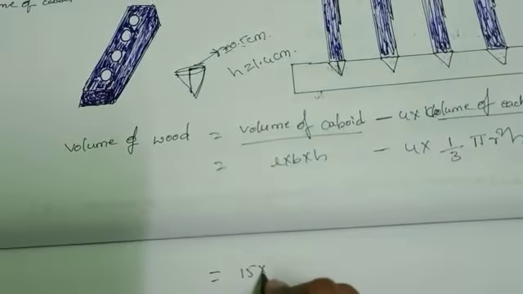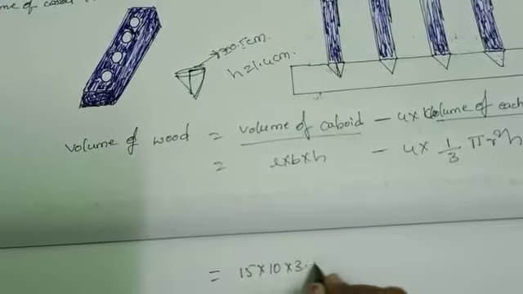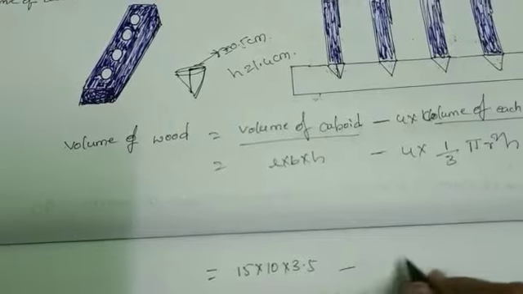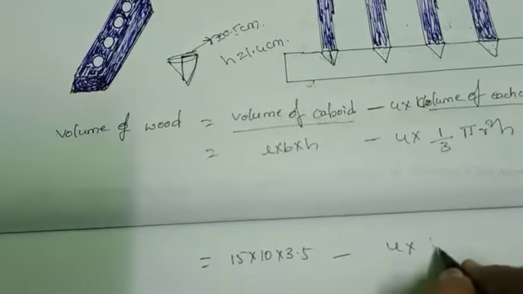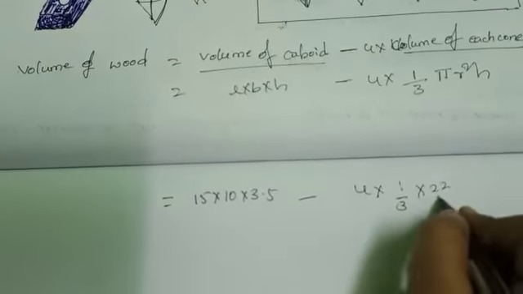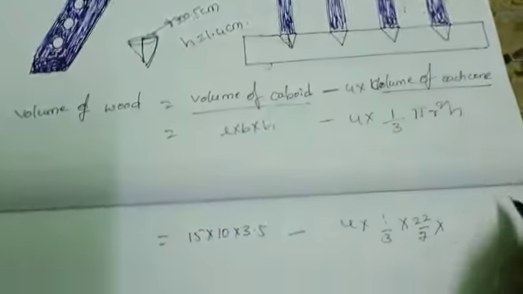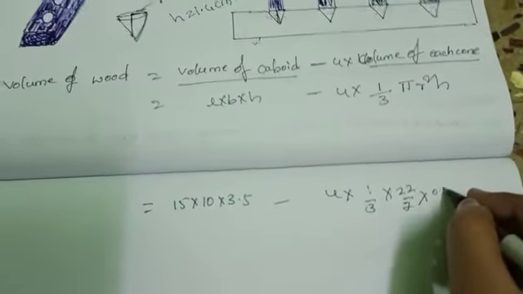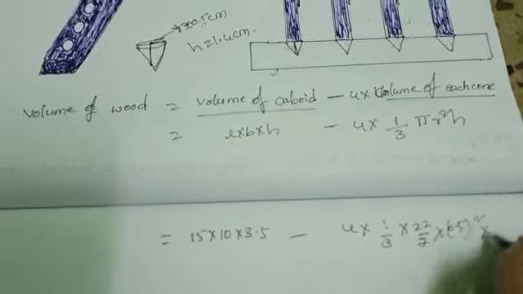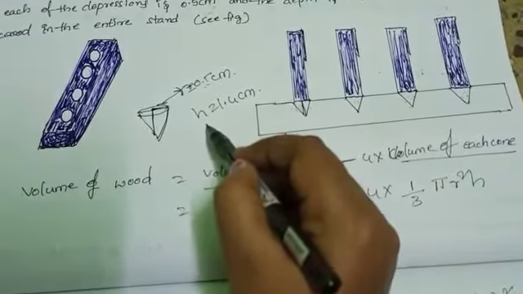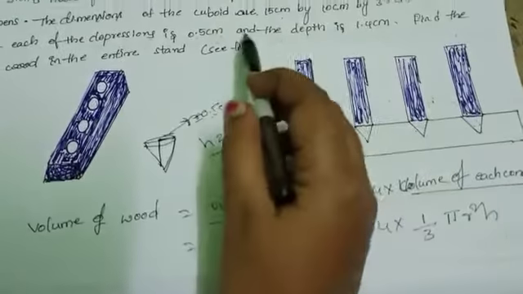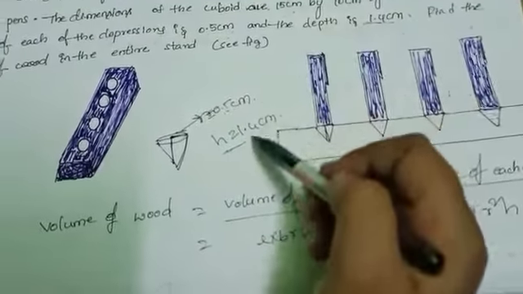So 15 into 10 into 3.5 minus 4 into 1/3 into pi value 22/7 into r square. Radius of the cone is 0.5, 0.5 whole square. H is given, it is the depth of the cone, 1.4 centimeters.